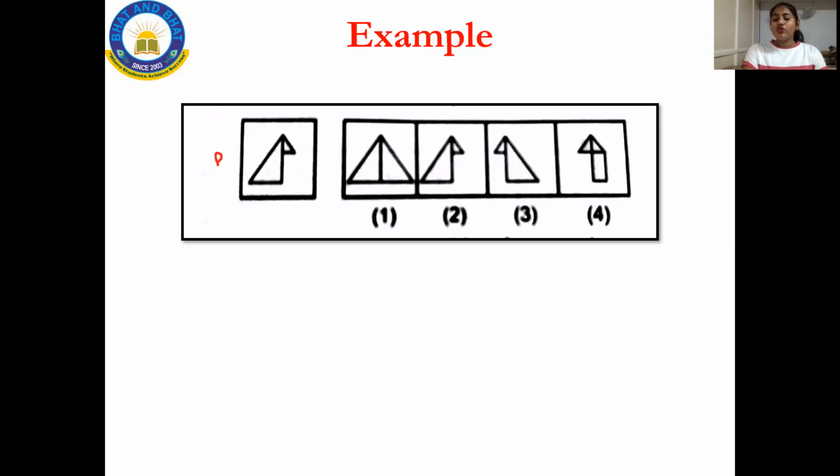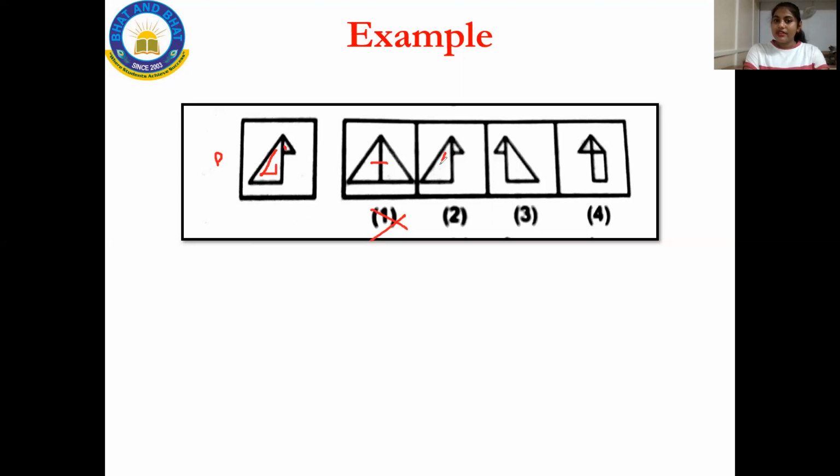So students, I told you what this means. See here, we have to find the same answer figure. Look here, a small right angle triangle and a small triangle to the right hand side. Why not the first answer? Because there are 2 triangles, so it is not the answer. Welcome to the second one.